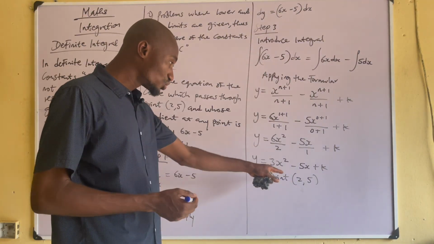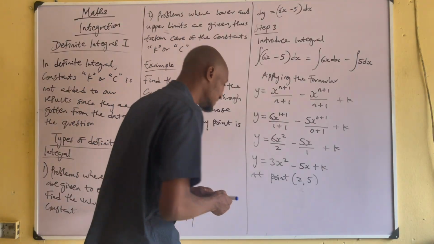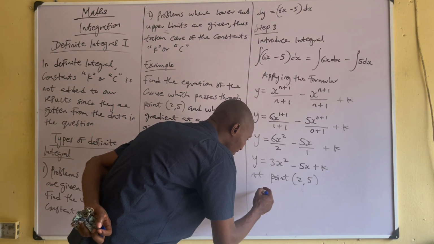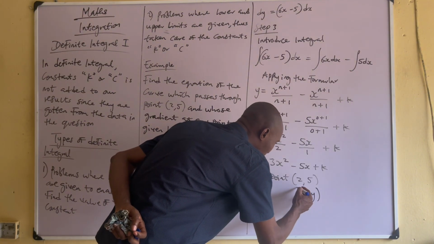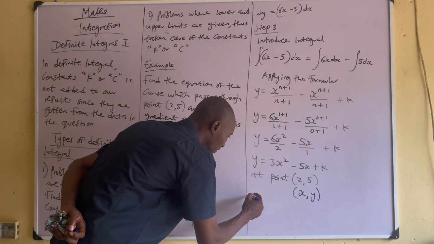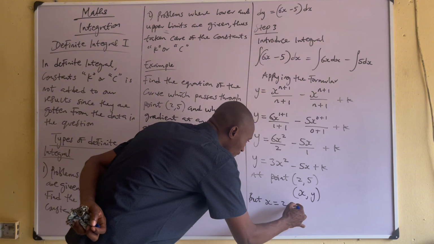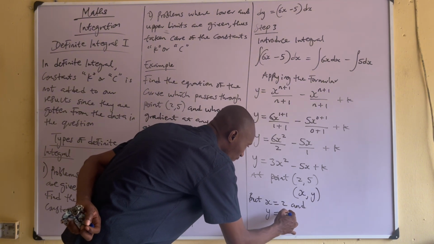So at point 2, 5 means that x is equal to 2 and y is equal to 5.